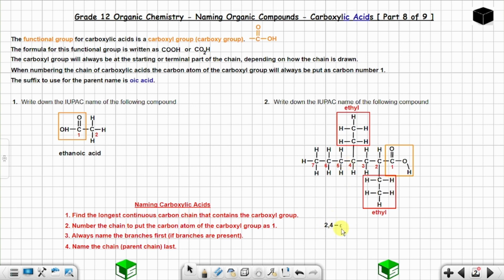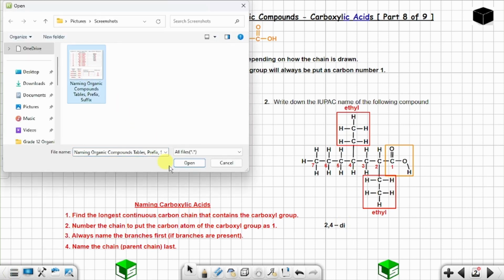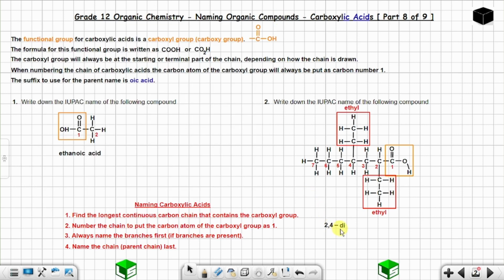You are going to use di, as you can see from the table, for 2 identical branches or groups. So you are going to have diethyl. The parent chain is made up of 7 carbon atoms, so heptane.